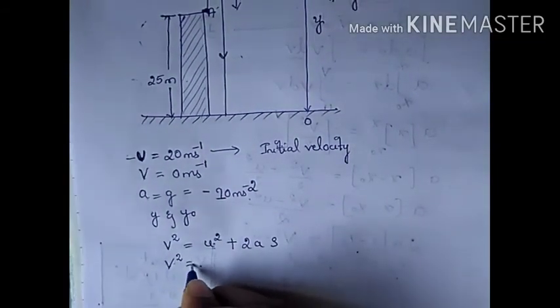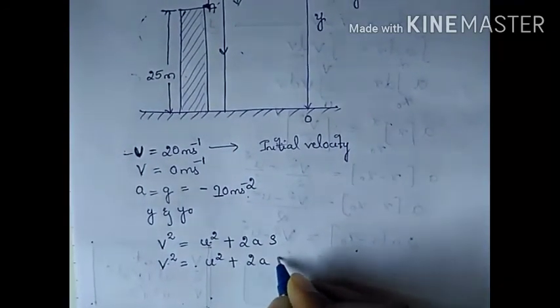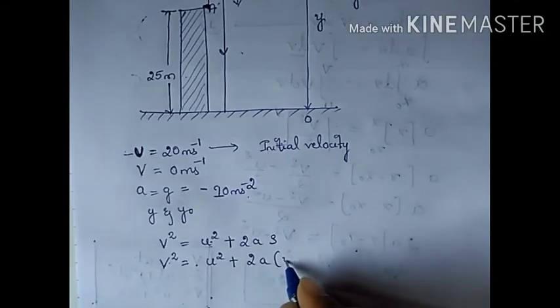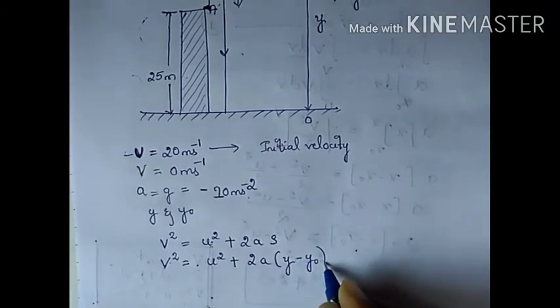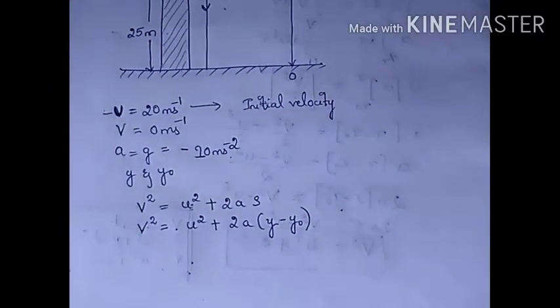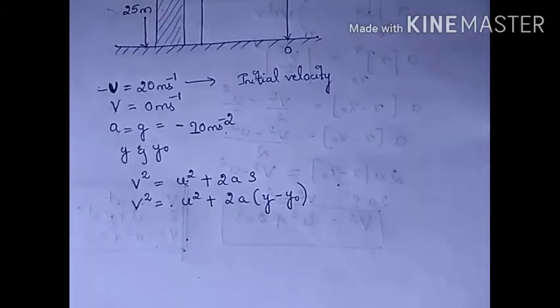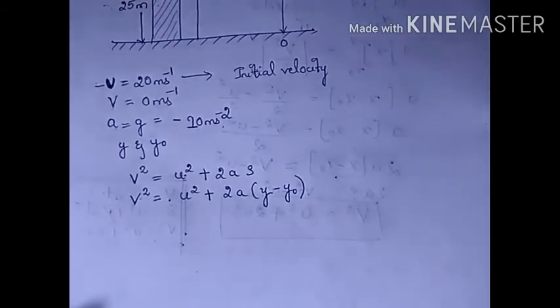Since here we have denoted the displacement in terms of y, we can write s as y minus y naught instead of x minus x naught.